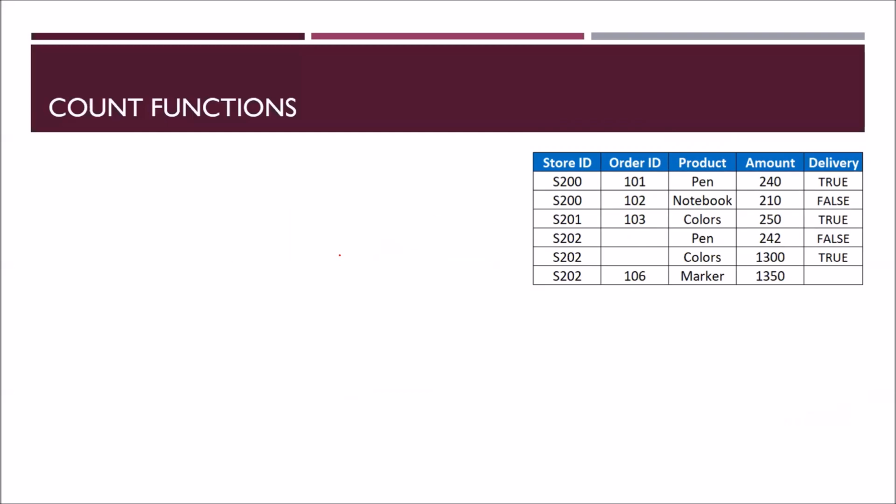The third question your manager asks you is, how many different products were sold? In this case, he is more interested to know what are the different unique products that were sold. So if I look at my column product, I have 4 different values, or rather 4 unique values, which is pen, notebook, colors, and marker.